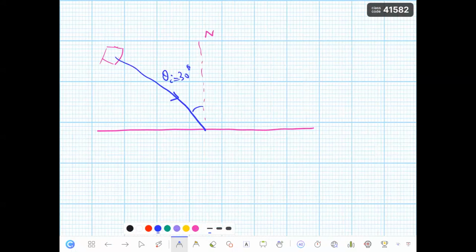So if we are drawing, we need to draw the reflected light in a straight line, and this should be exactly 30 degrees. This is called the law of reflection. We will be using this law to see how the image will be created on the reflective surface. Any questions?